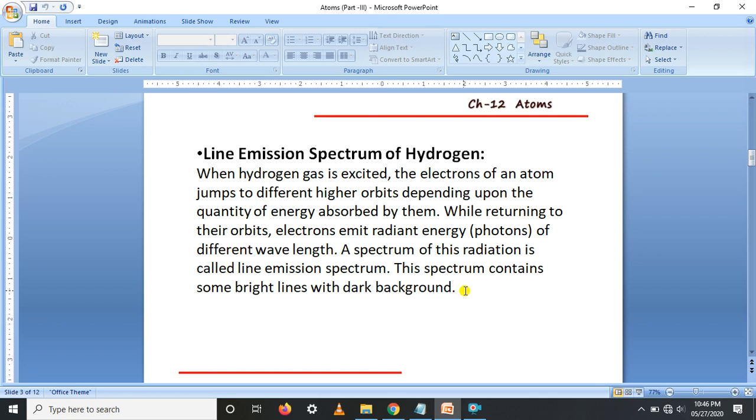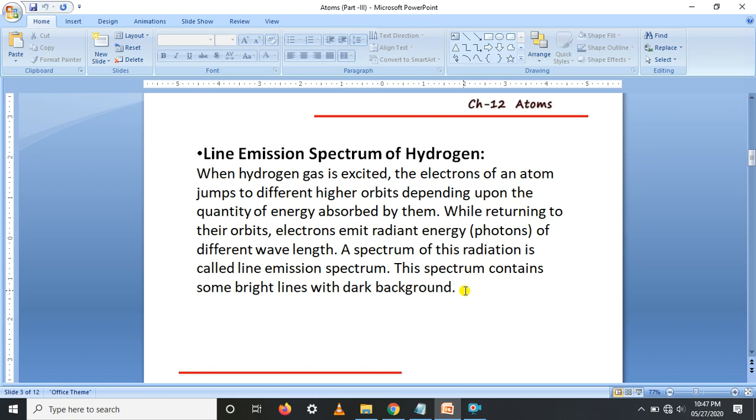Whatever spectrum of radiation is present in that is known as the line emission spectrum. This spectrum contains some bright lines with a dark background. So this is about the line emission spectrum of hydrogen.